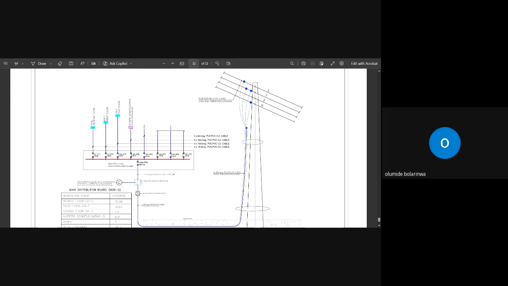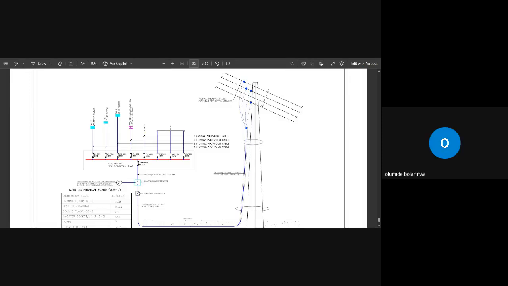Now, you can see that your cable will be connected to your high tension, and there must be a termination, yes or no?